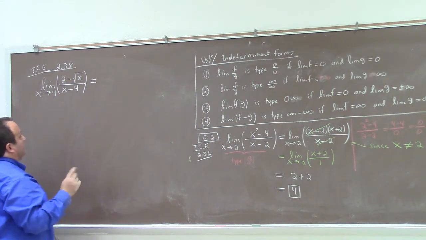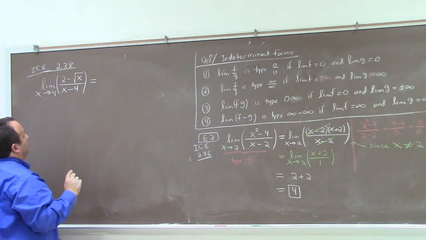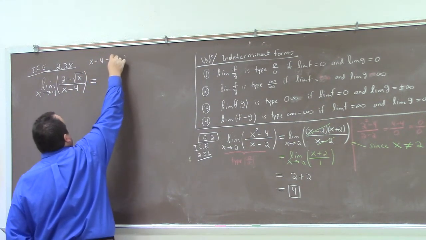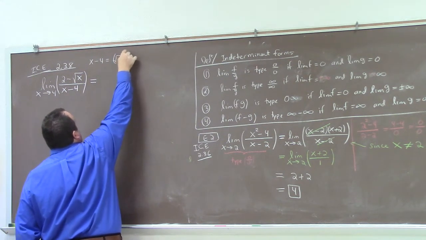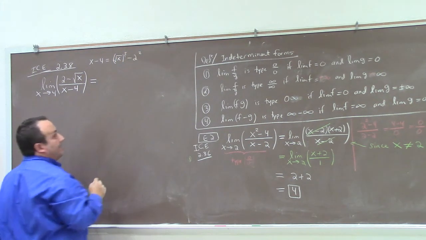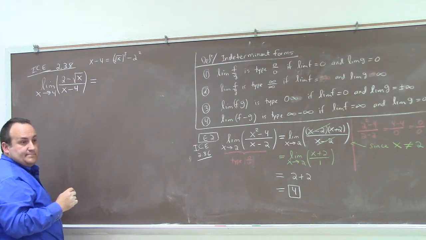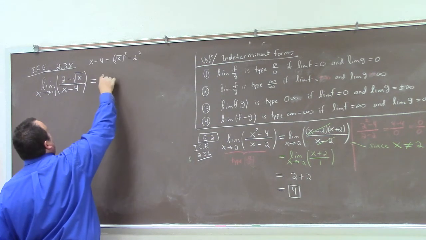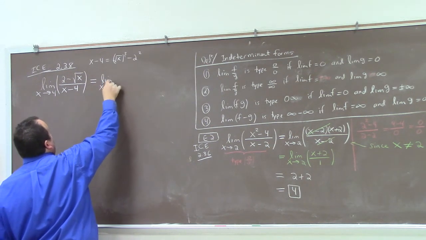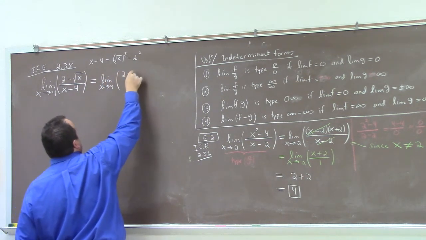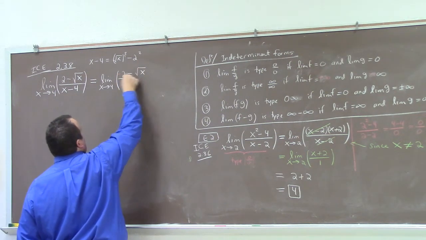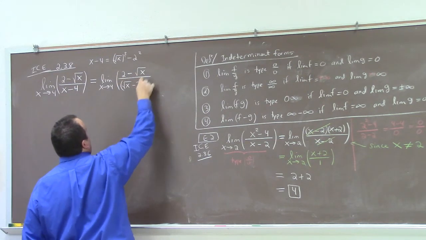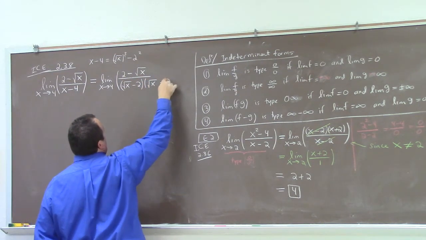There's various tricks you could do, but I think the simplest thing to do is to notice that x minus 4 is the square root of x squared minus 2 squared, right? Which means it's the difference of squares. So you can rewrite this as 2 minus the square root of x divided by square root of x minus 2 times the square root of x plus 2.